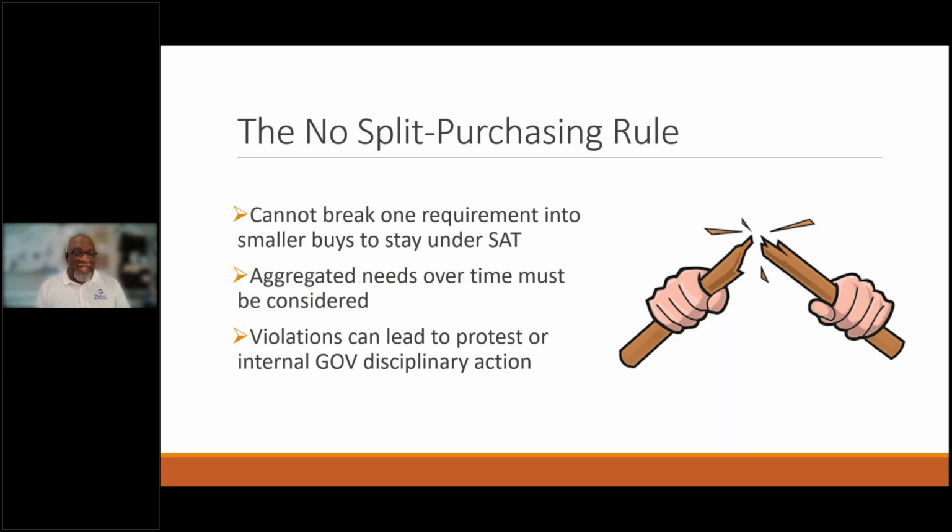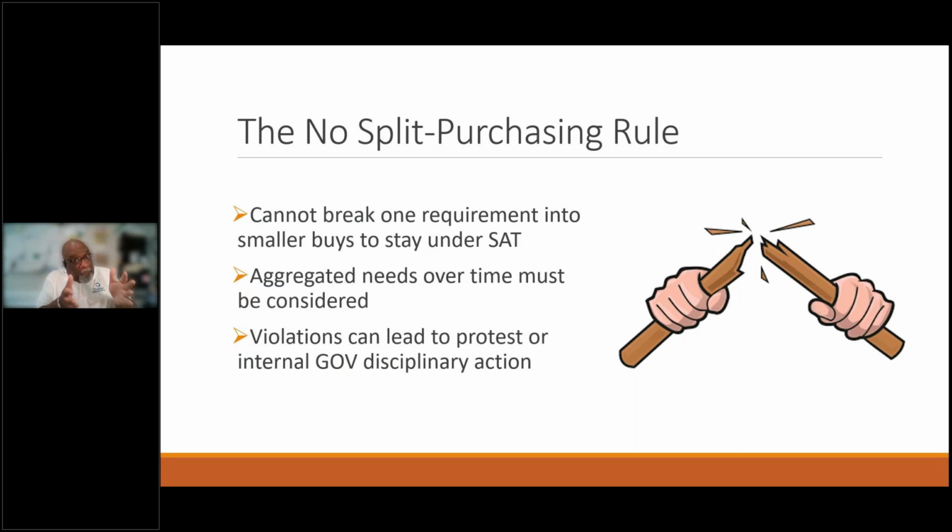They tend to be seen specifically because the aggregate need over time is being considered. So all you have to do is look at 6 months of activity, and if you see an interesting pattern there where activity is being broken up, something that should have been $1 million, but it was four $250,000 procurements, just to accelerate.